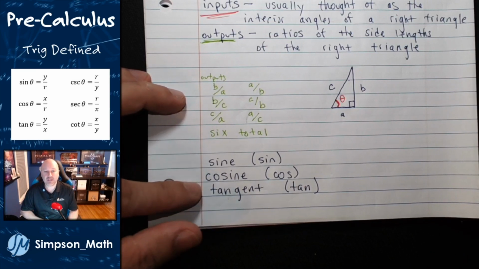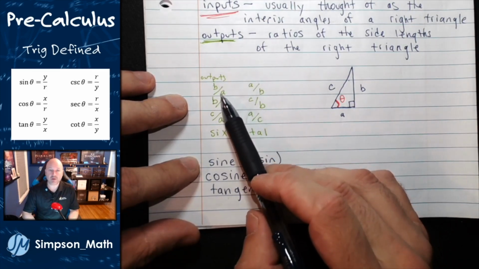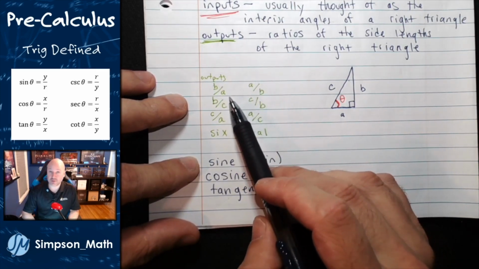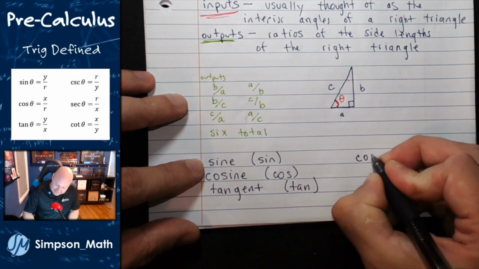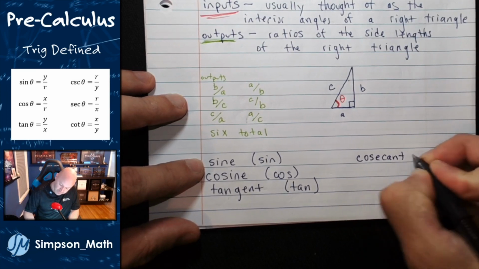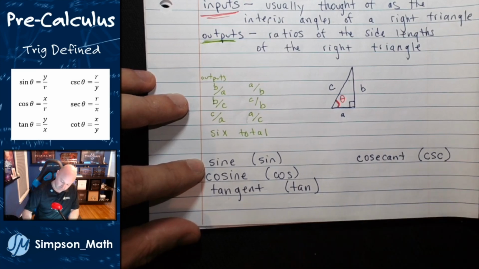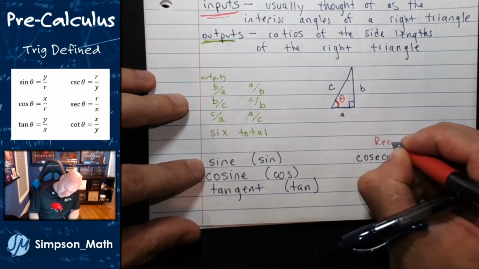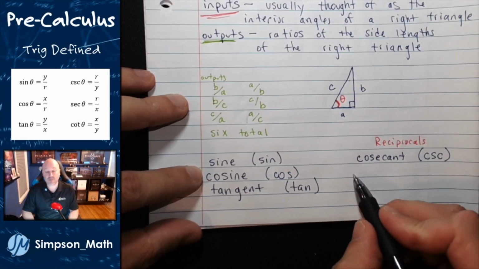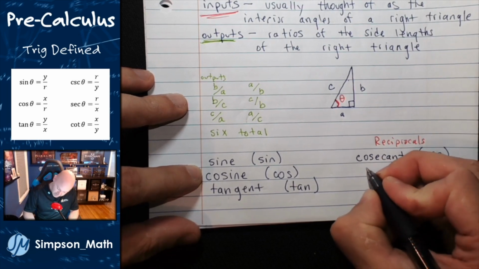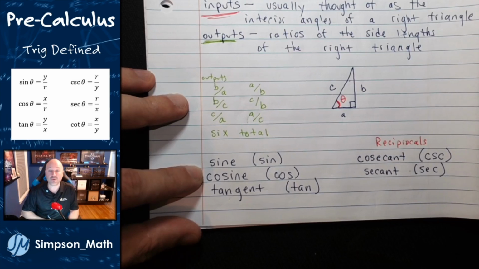Now these 3 trig functions have reciprocal functions. Notice that B over A and A over B are reciprocals of each other. Sine has a reciprocal function called cosecant, which is CSC for short. Cosine has a reciprocal function called secant, or SEC for short.